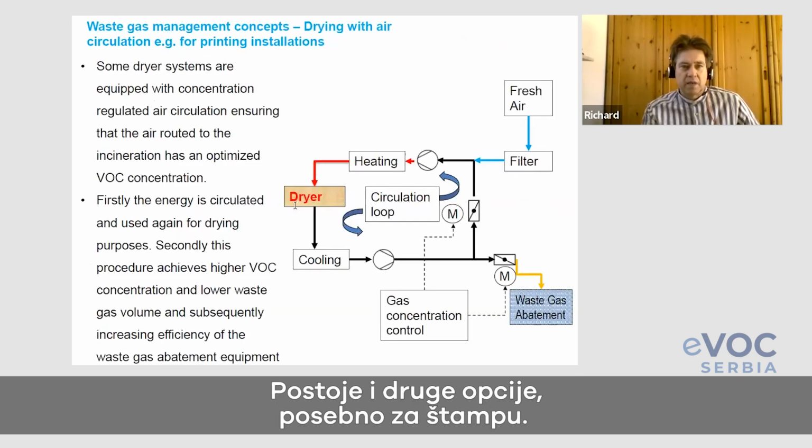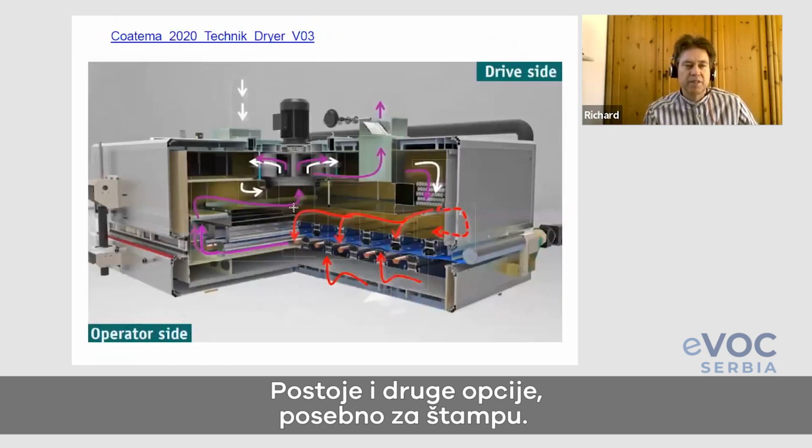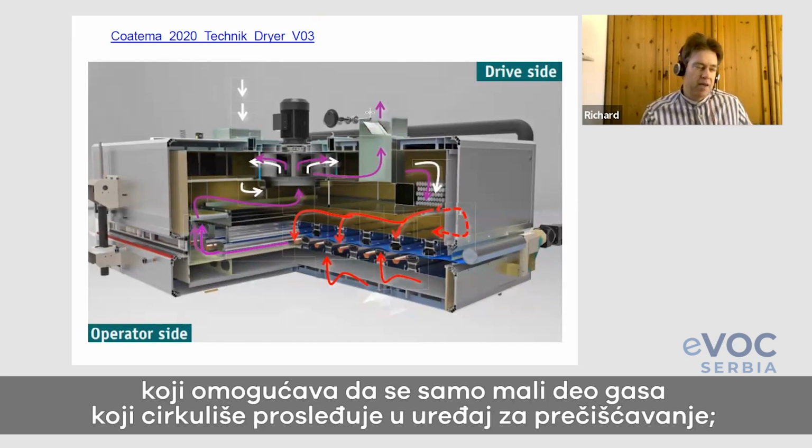So there are other options, especially for printing. Here you see something for the dryer, a smart dryer for printing, because you use a circulation system, and only a small part of the circulated air is then discharged to the waste gas abatement.